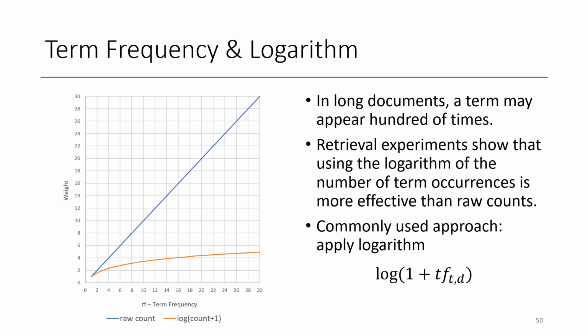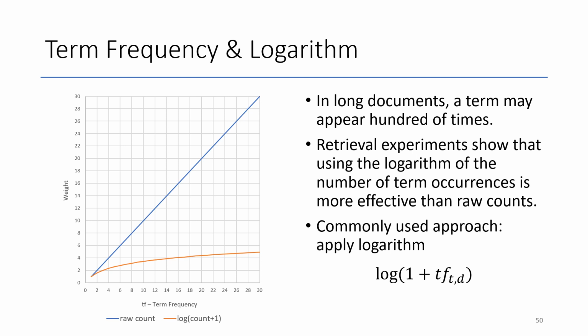And this logarithm-based dampening looks like that. So on the x-axis we have our raw term frequency, and on the y-axis we have the output of either the raw count or the log dampened value.